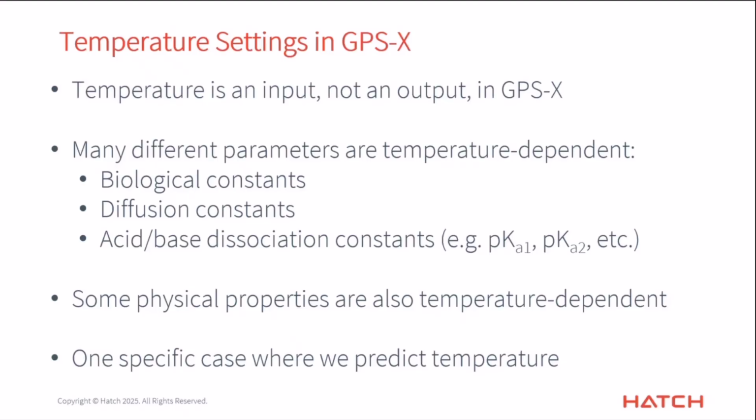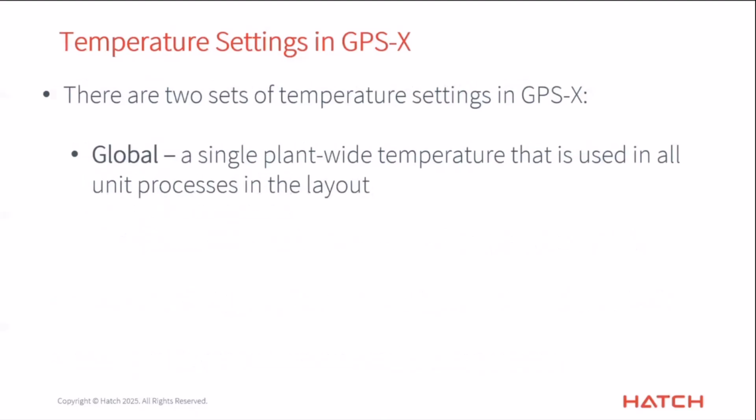All of those change automatically. Even though you can set them, they automatically get adjusted further for the temperature. Some physical properties of other things are also temperature dependent. And we do have one exception to the rule: one of our unit processes where we do predict the temperature. I'll come back to that at the very end of the webinar today.